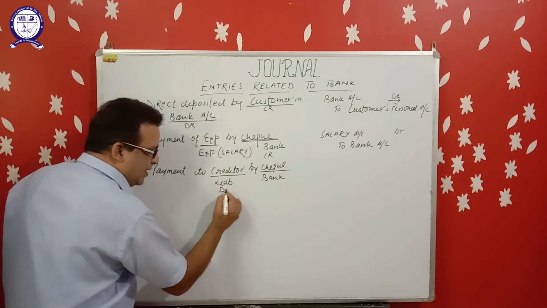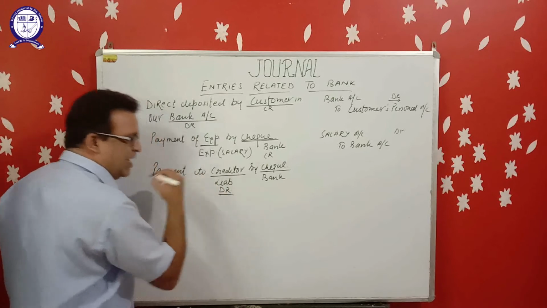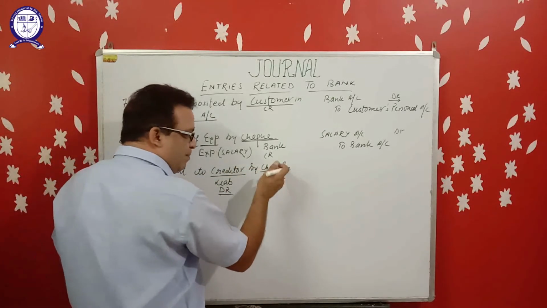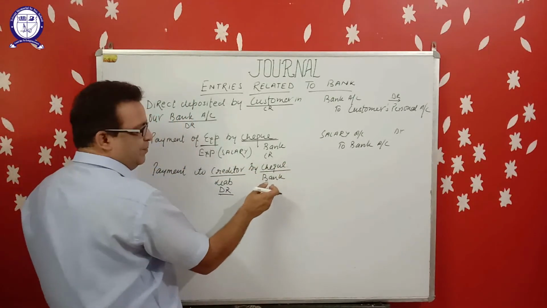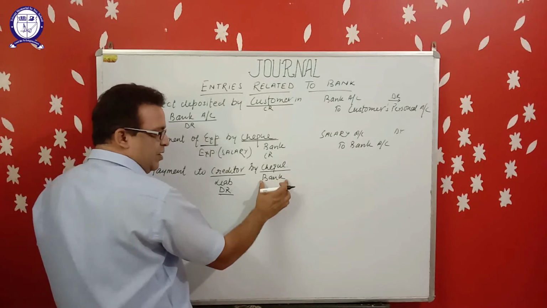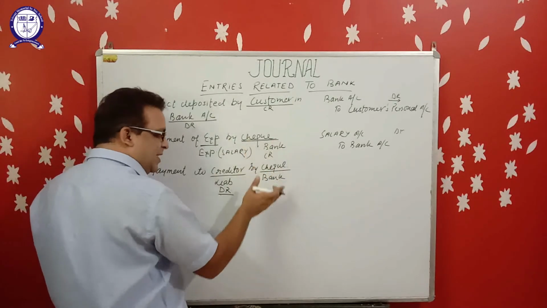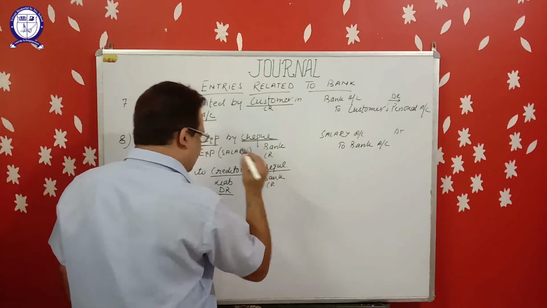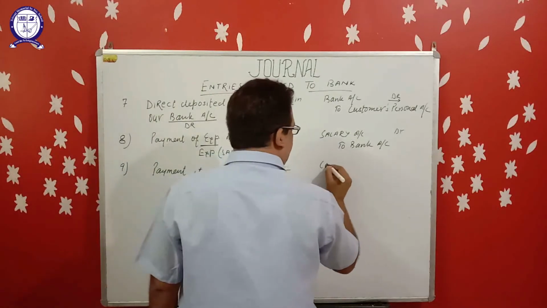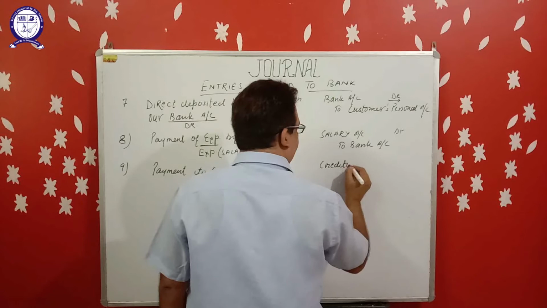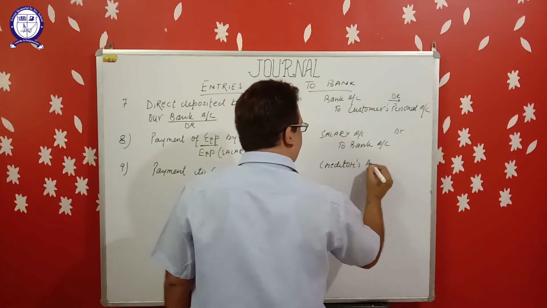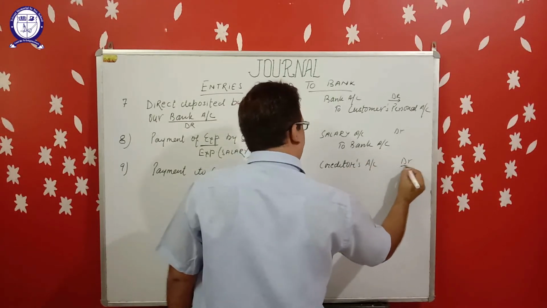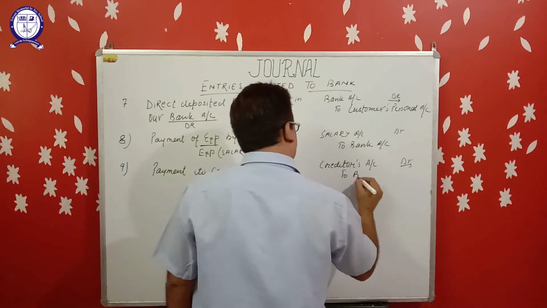That's why this account will be debited in journal entry. On the other hand, bank balance is also reducing. Bank is an asset. You know, when the assets decrease, we credit it. The journal entry will be creditor account debit to bank account.